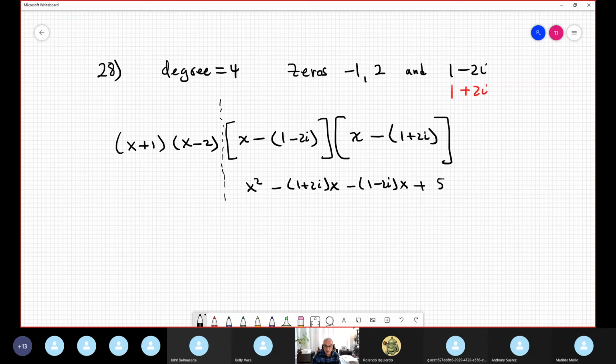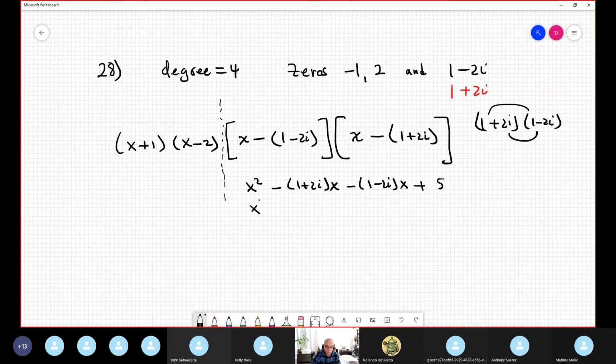Remember the shortcut: 1 plus 2i times 1 minus 2i, 1 times 1 is 1, and 2 times 2 is 4, always positive in between. And 1 plus 4 is 5.